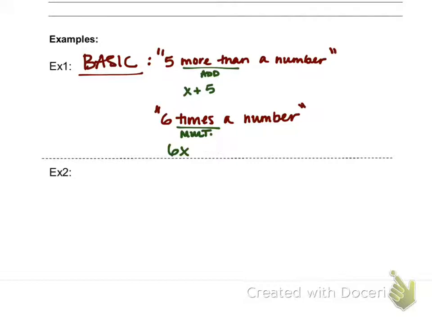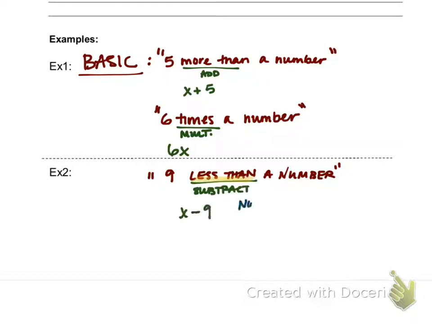algebra. Our next example is going to be 9 less than a number. When I take a look at 9 less than a number, less than is the piece that I'm looking at. Still, the number is my variable that I don't know, so I'm going to have probably x to indicate that number. And less than is going to work as subtraction. So we're going to write x minus 9, and we're going to notice that this is not a direct translation.